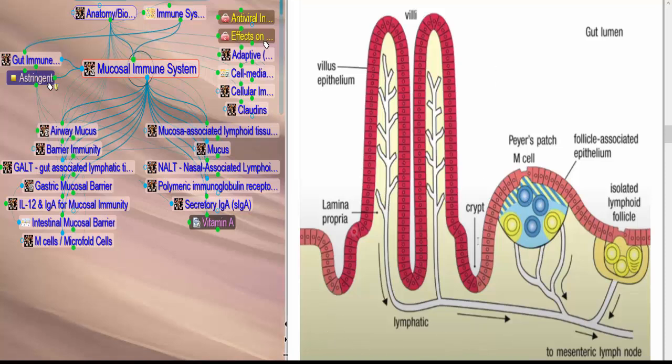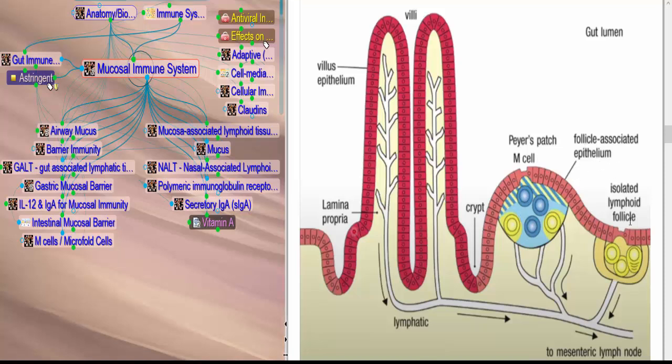We see the crypt down here where the stem cells exist to replace the epithelial tissue that dies off pretty quickly. Every 4 to 5 days we get a new set of epithelial tissue in these villi. That's also where the Paneth cells are. Now here we see the Peyer's patch, and it has M cells in it. We haven't talked about those yet.